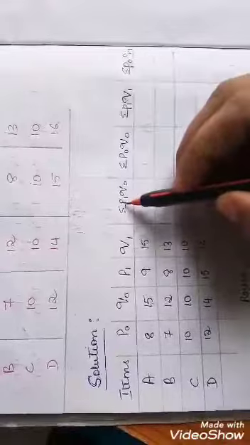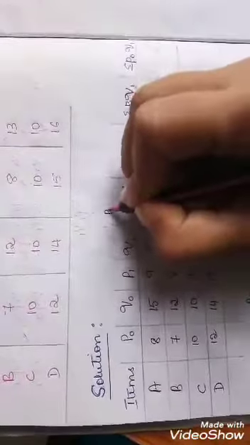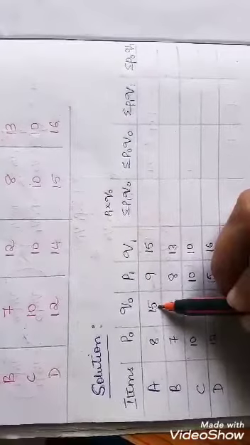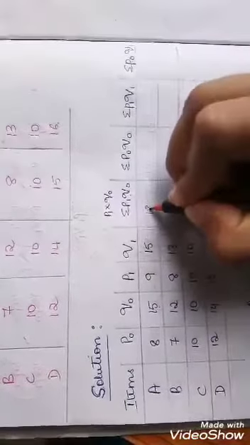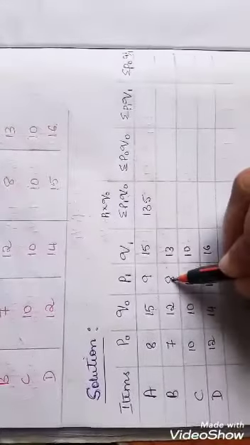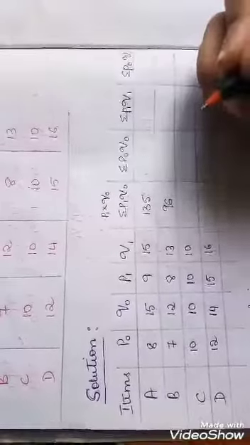First we want summation P1 Q0, that is P1 into Q0. P1 is 9 into Q0 which is 15, so you will get 135. Next, 8 into 12 is 96.